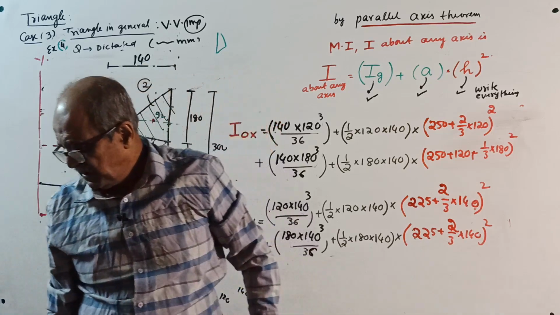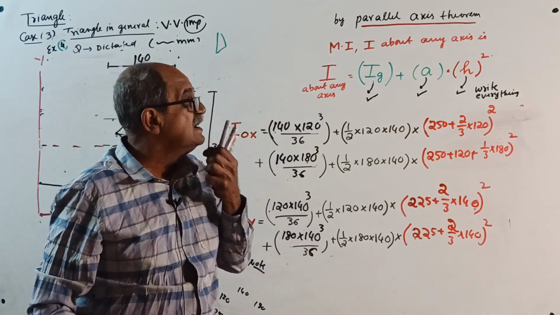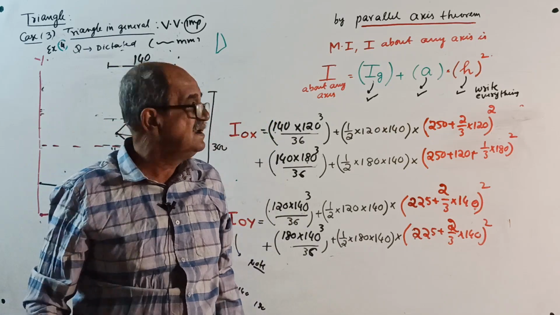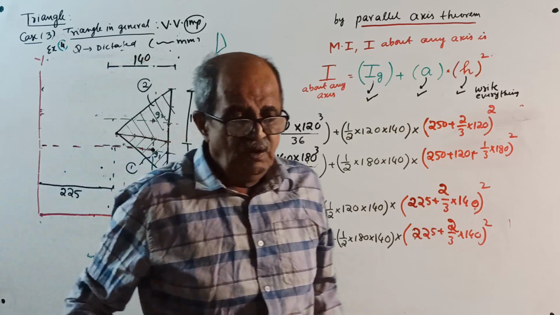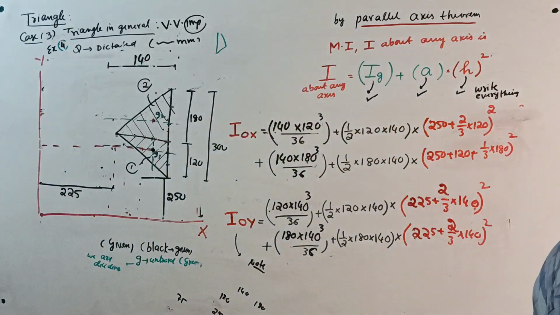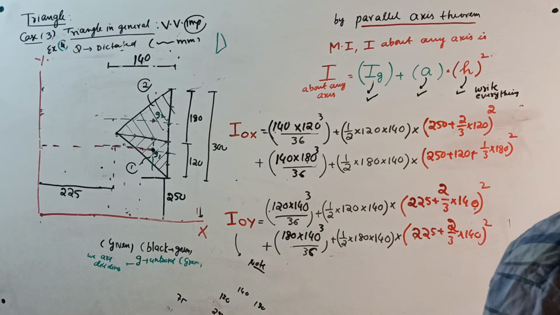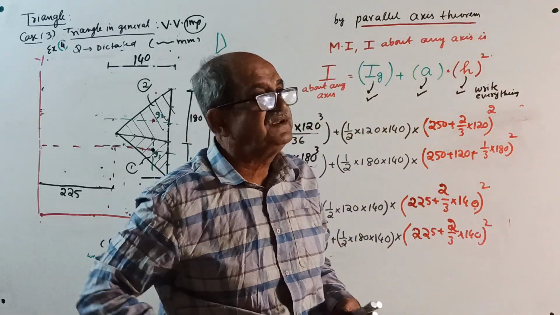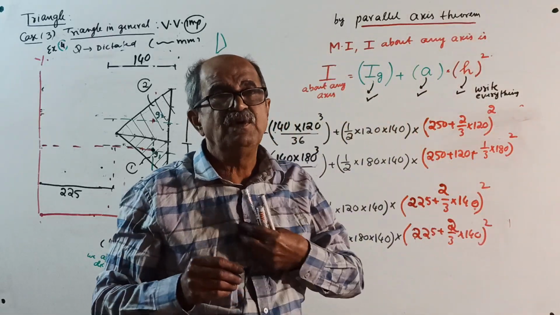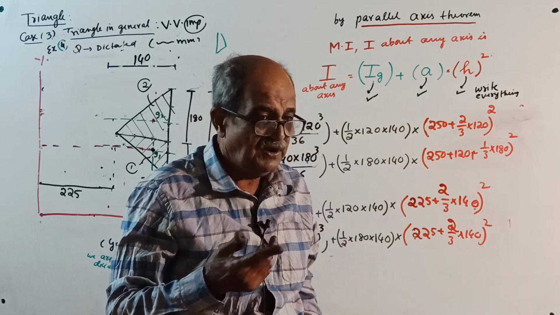Now we'll go for the next part, that is circle, semicircle and quadrant, the closing part. I'll prepare the sketch for that one. See, no sketch is required for circle.